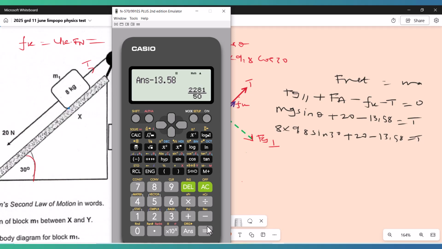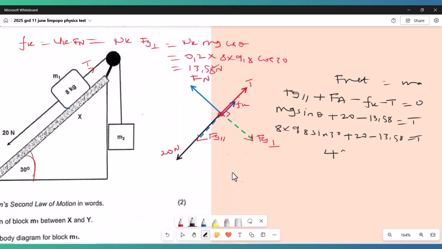So I get my tension as 45,62. 45,62 is my tension in the string.